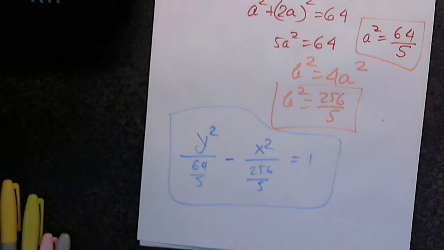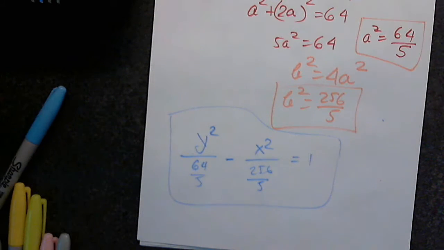We were given the foci, and we were given the asymptotes. As if I start from scratch, this is my equation, I want to find the foci and check that I get 0, comma, plus or minus 8, and determine the asymptotes and make sure that I get plus or minus 1/2 x. Okay?